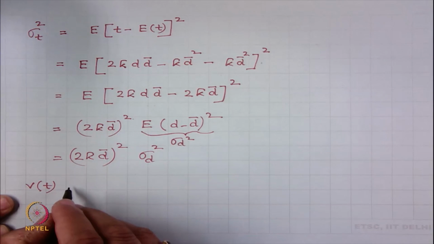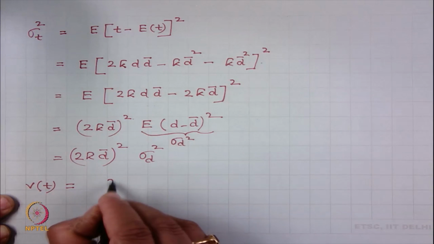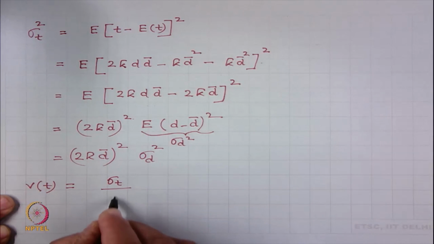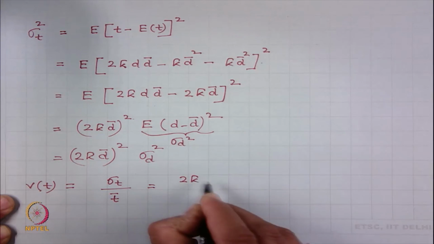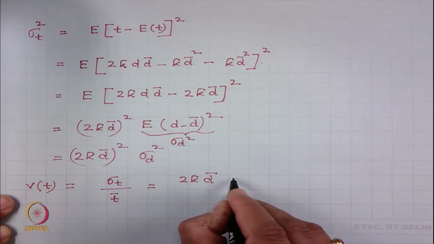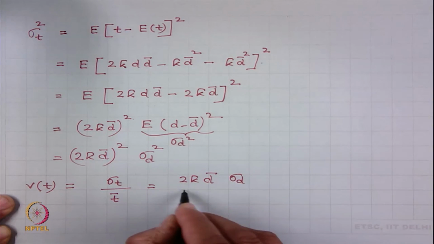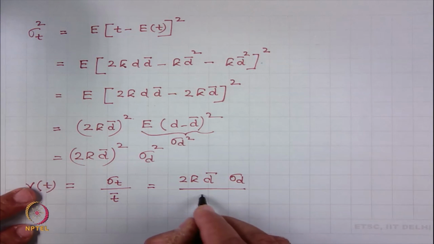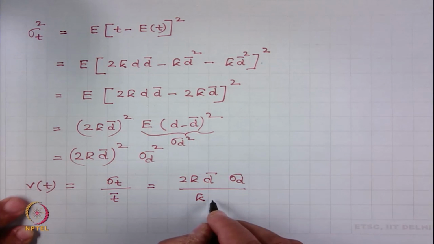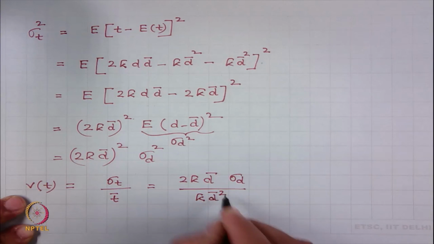Then coefficient of variation of t is sigma t by t bar. What is sigma t? Sigma t is 2 k d bar into sigma d by what was t bar? T bar was k d bar square.